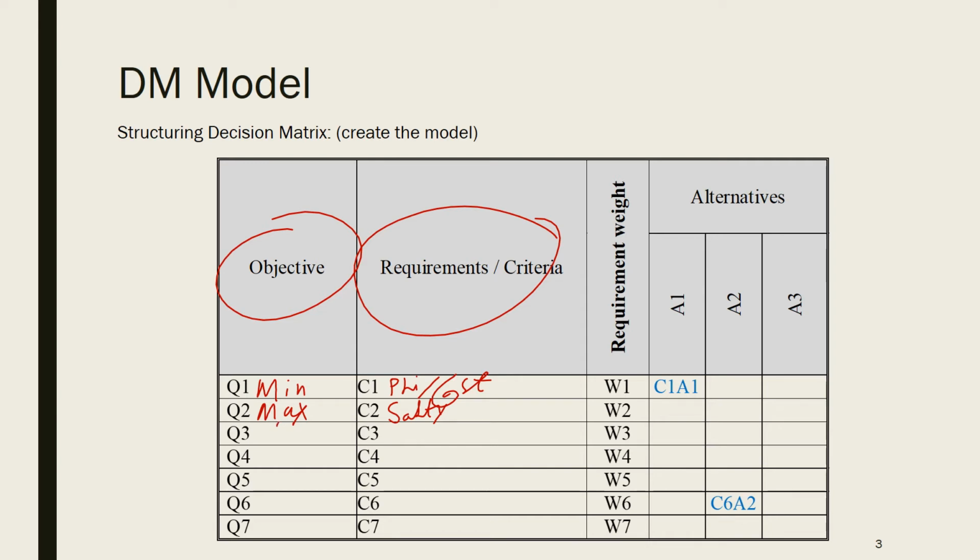In the same way, I'm going to list all the objectives and the requirements in the first two columns of the matrix. The third column of the matrix is the importance of that requirement, which we call the weight of the requirement. Here we represent it by W1. By the way, the total of those weights should always equal 1 or 100%.